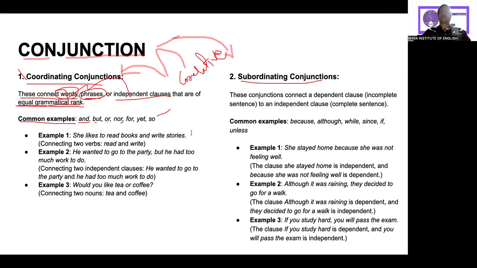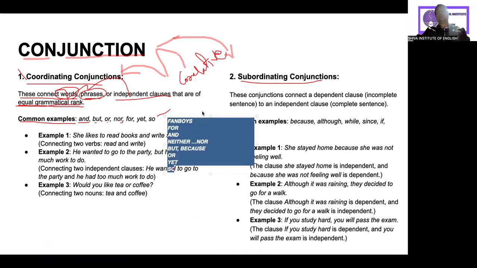The easy word to remember is FANBOYS, right? What is FANBOYS? F for for, A for and, N for nor, B for but, O for or, Y for yet, and S for so.